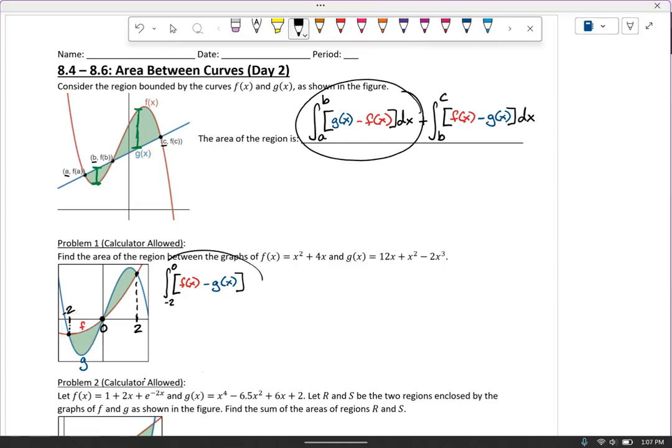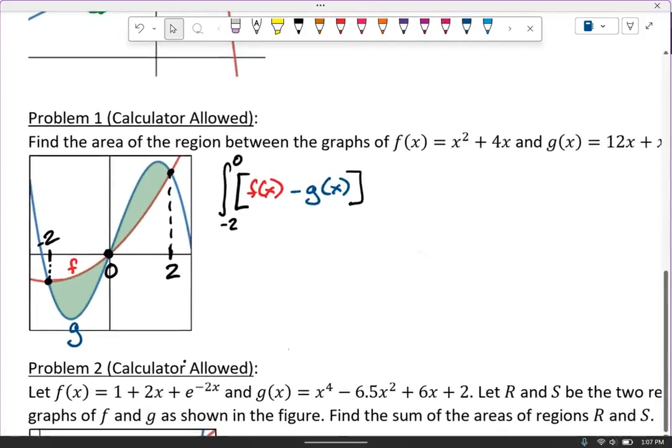This first one and that first one, do they exactly match? No. So you can't just say, oh, it's F and G, so I'm going to follow this pattern every single time. That's not necessarily what it's going to be. You have to pay attention. What is the top? What is the bottom? And you need to make sure that's being inputted correctly.